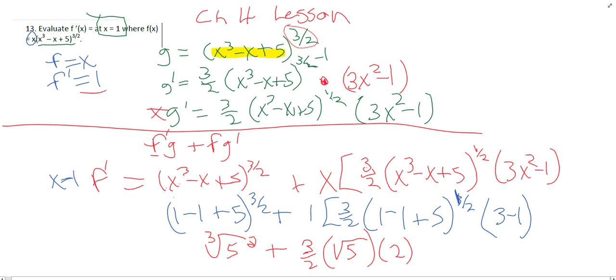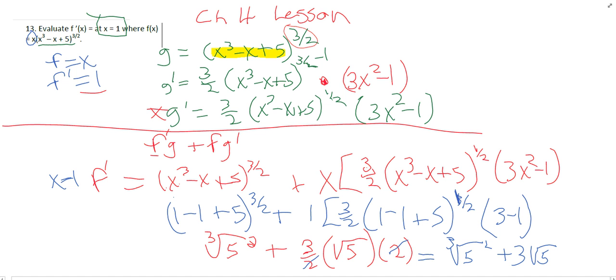Well, hopefully you can see that this 2 can cancel out with the 2 in the denominator here, and we're just left with the quantity 5 to the 3/2 power plus 3 times the square root of 5.